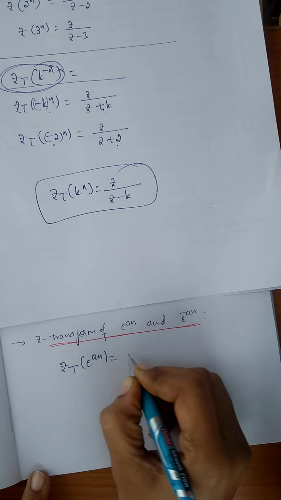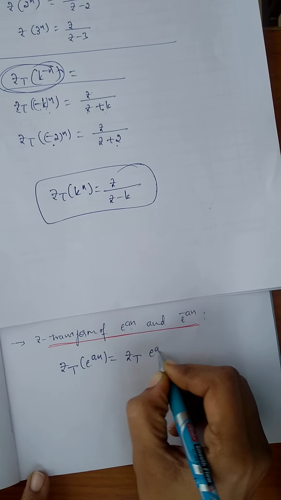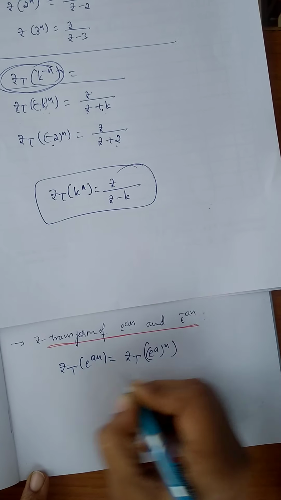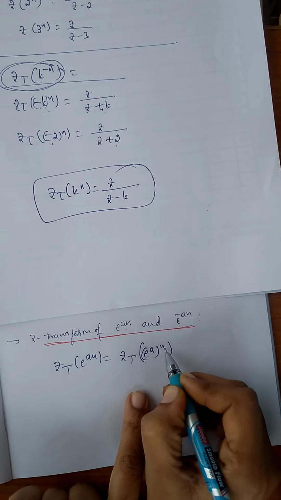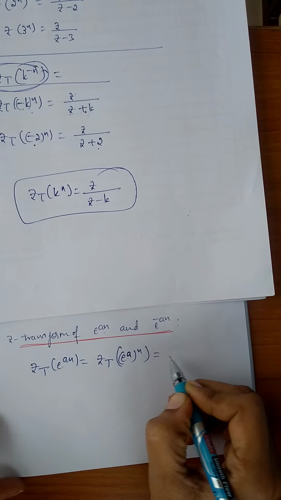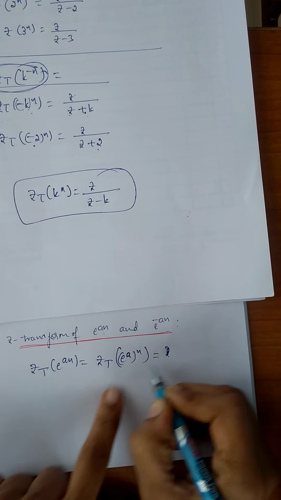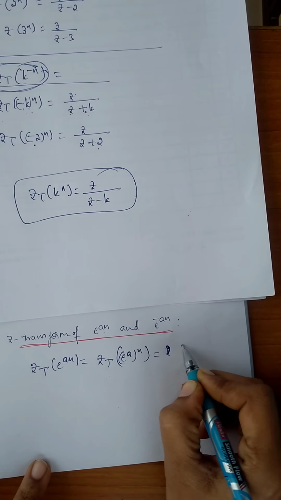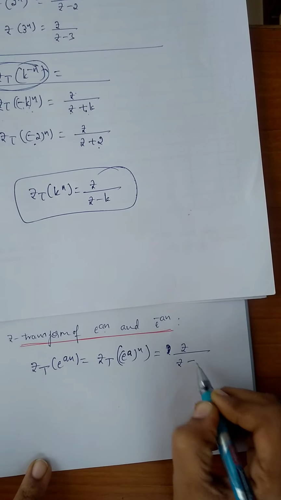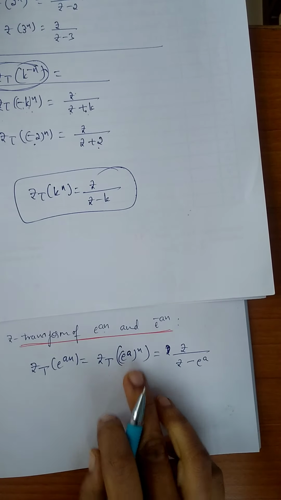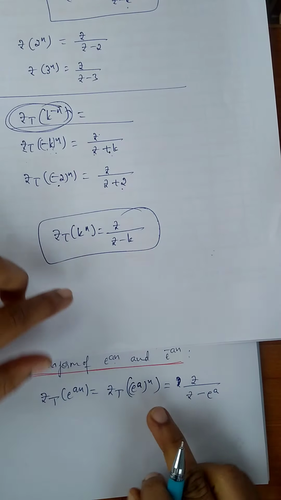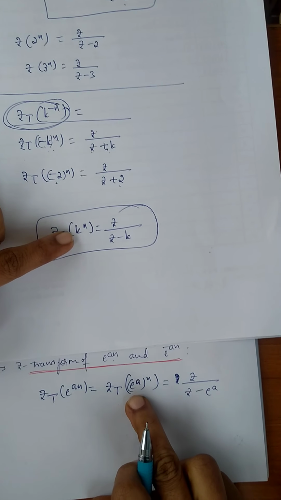So using the formula, we can write the z transform of e to the power of a power n. Just rearrange: a to the power of n, we can write the z transform of e to the power of a, power n. The answer is z by z minus what? E to the power of a, because just compare with the previous formula: in place of k here we have e to the power of a.